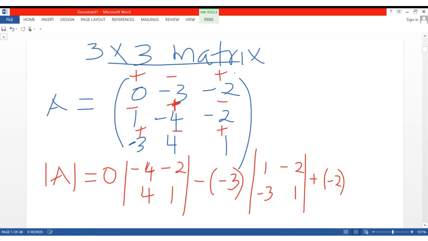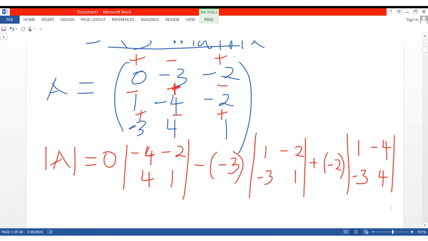So I'll remain with the 1, -4, -3, 4. So when you're blocking, the sign for the determinant only works for the first row. The other signs that I've given will come in handy when you're looking for the matrix of cofactors. So you just block and remember that it is positive, negative, positive, like that.